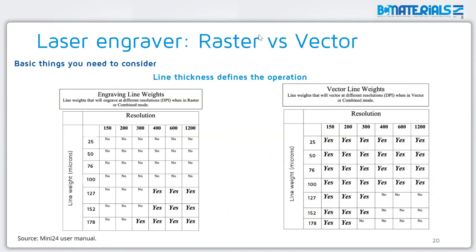So how does the machine know whether you want to cut or just engrave? And the answer is, depending on the thickness of the line that you are using. If you use very thin lines, the machine will interpret a vector throughout the whole range of resolutions that it has.